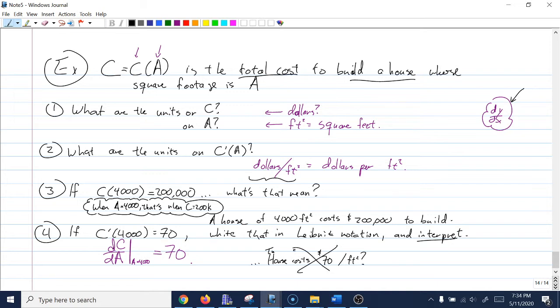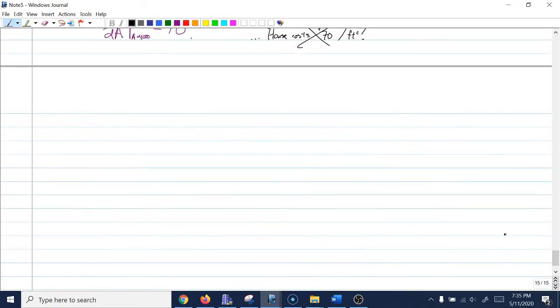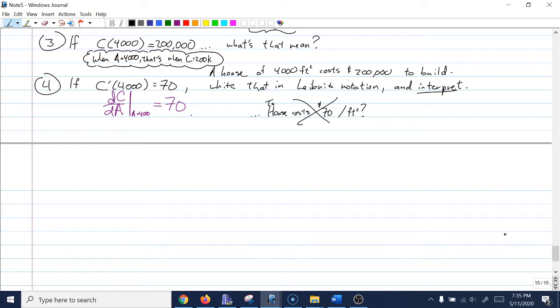Cool. What's the derivative telling me if not that? It's telling me about a rate of change. It's saying that at this production level, or at this square footage level, the rate at which the cost is changing is at a rate of $70 per square foot.